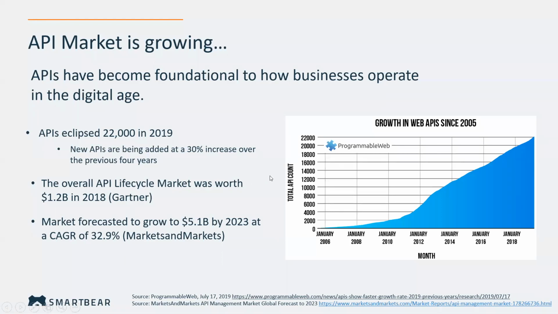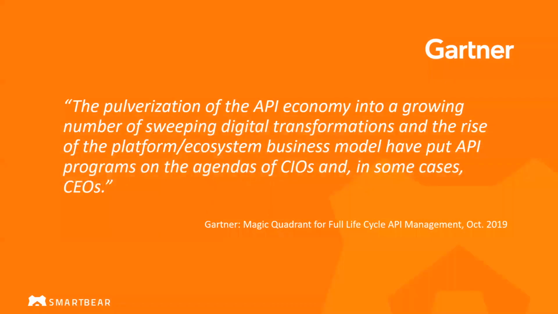It's quite a lot of money, quite a big market, and a lot of opportunities there, which would explain why we're talking to more and more teams who are going through some kind of digital transformation process that inevitably will involve their APIs or an API platform. So according to Gartner, the proliferation of the API economy into a growing number of sweeping digital transformations and the rise of the platform/ecosystem business model have put API programs on the agendas of CIOs and in some cases CEOs.